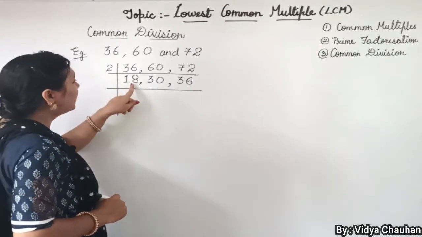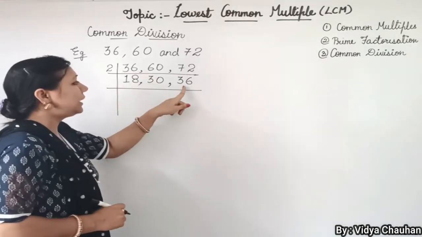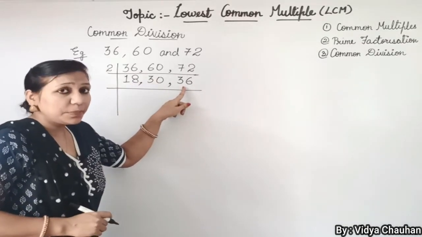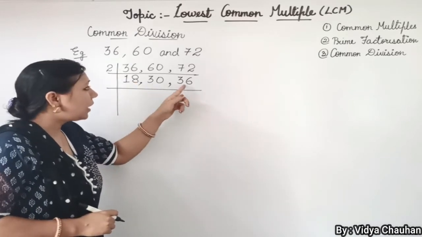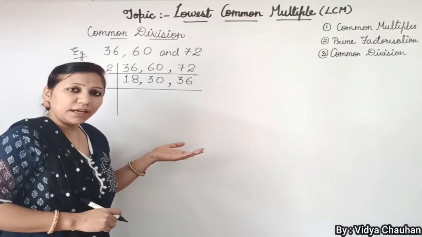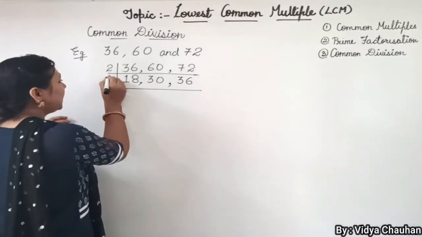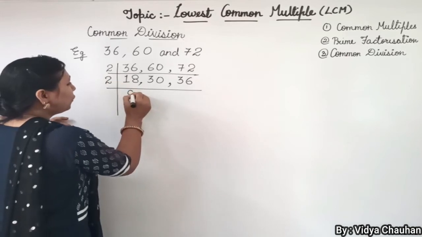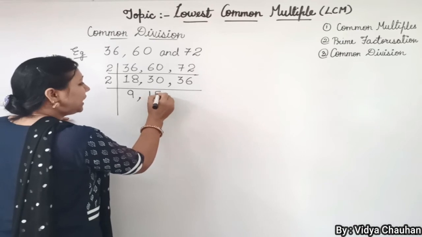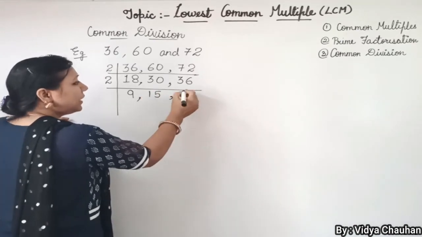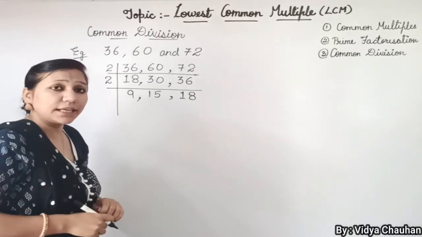Now once again, let us see whether all these 3 values 18, 30 and 36 are still divisible by 2. Answer is yes. How? Because all these 3 are even numbers. Since they are even numbers, it will be divisible by 2. So let us once again divide by 2. 2 9s give us 18. 2 15s give us 30, and 2 18s give us 36.